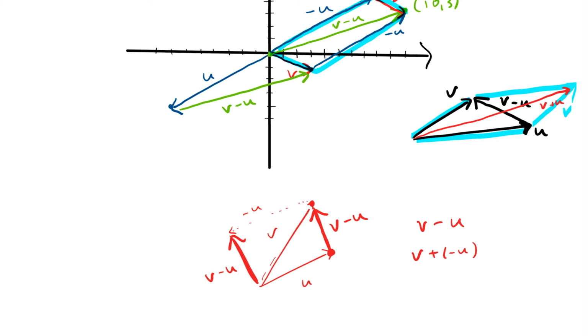This is my trick for remembering how the difference is illustrated when you're given the two vectors. I'm never sure whether it goes up or this way or that way. Well, with the trick I've just shown you, you can just recover geometrically the direction of the difference between the two vectors.